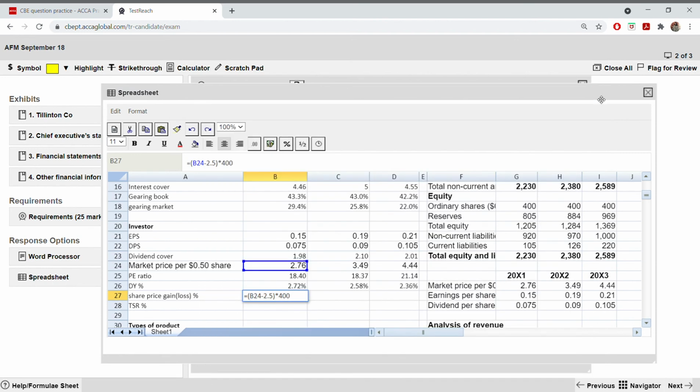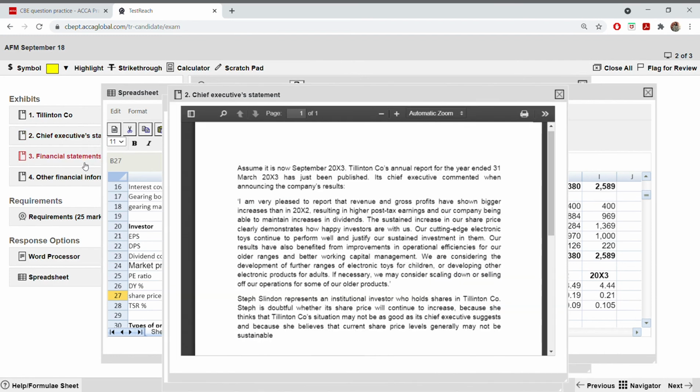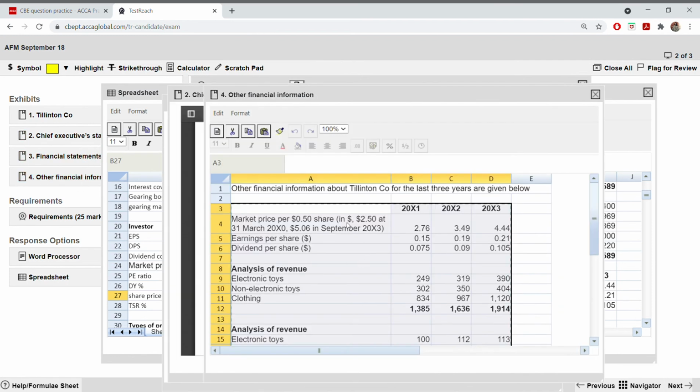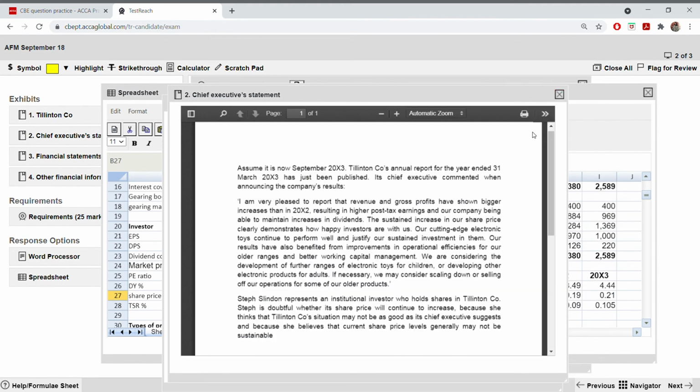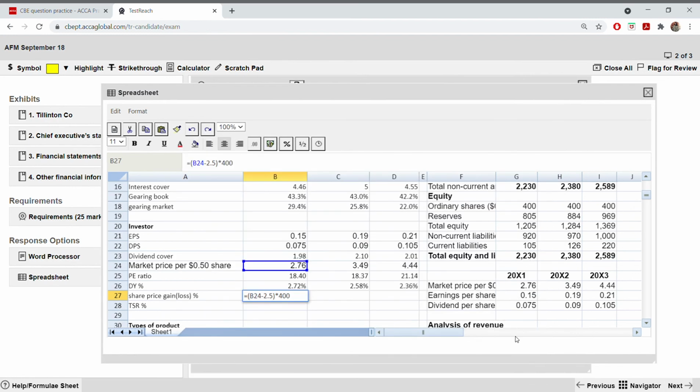There's a gain. That's why we have taken 2.76 minus 2.5. Is it 2.5 or 2.05? 2.5. You can even see the number of shares.